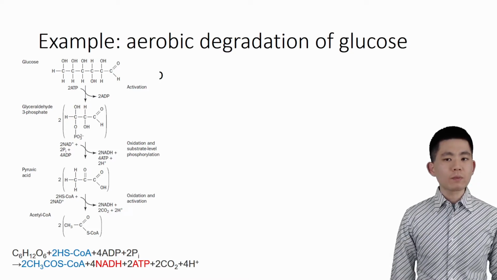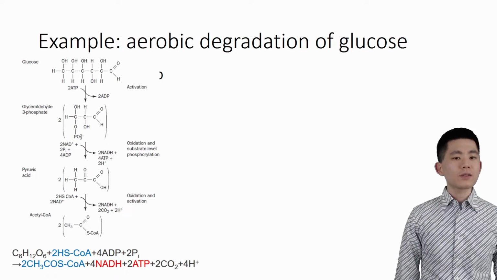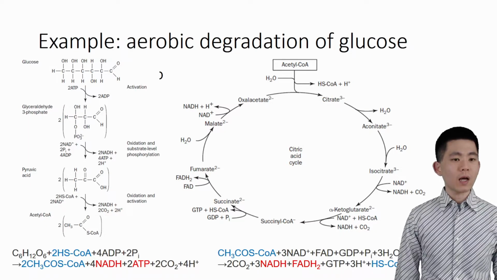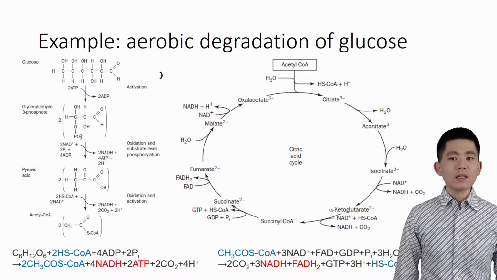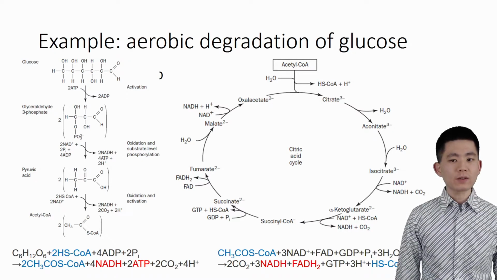It can also be produced during the beta oxidation of fatty acids. Acetyl-CoA then enters one of the most important and common metabolic pathways, the citric acid cycle, or Krebs cycle. As you can see, electron carriers like NADH and FADH2 and energy carriers like ATP are generated during this process, which provides energy for various cell activities.